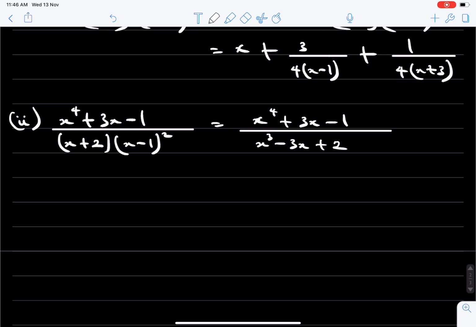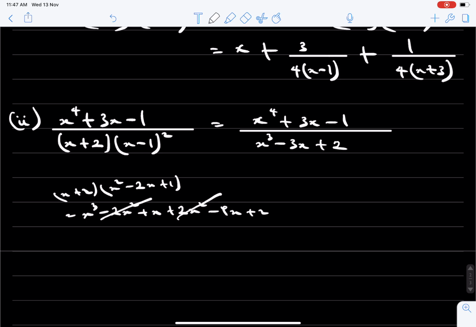We have to be sure, but that's what we got. x plus 2 times x minus 1 squared is the same as x squared minus 2x plus 1, and this gives x cubed minus 2x squared plus x plus 2x squared minus 4x plus 2.